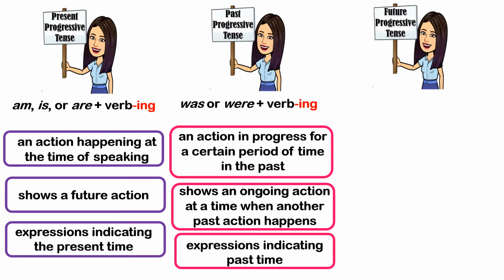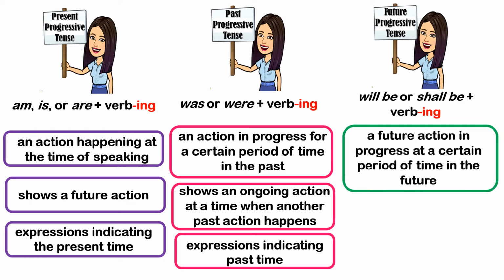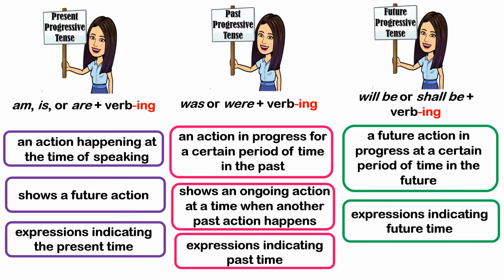Expressions indicating past time. Future progressive tense. The structure is will be or shall be plus the ing form of the verb. A future action in progress at a certain period of time in the future, and expressions indicating future time.